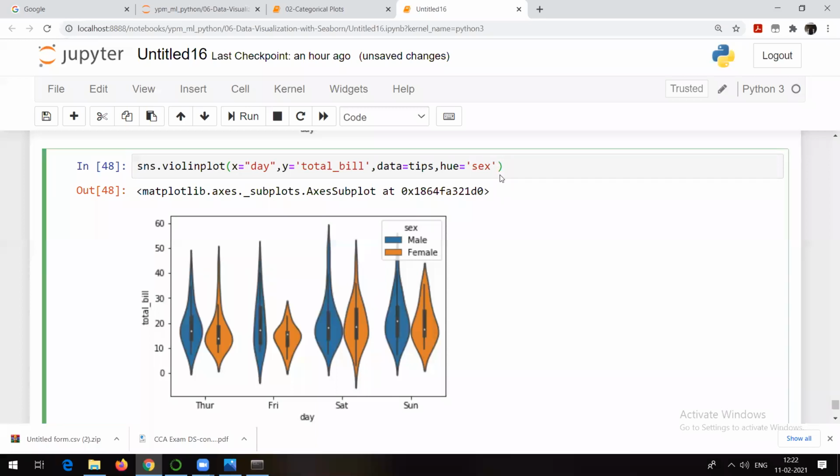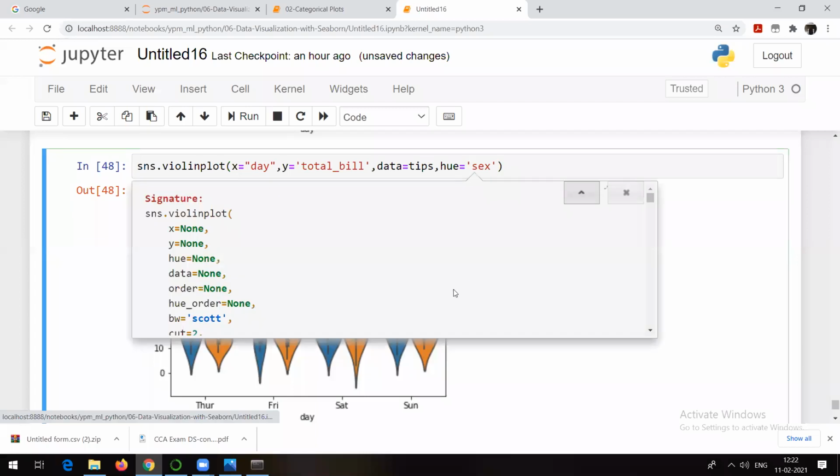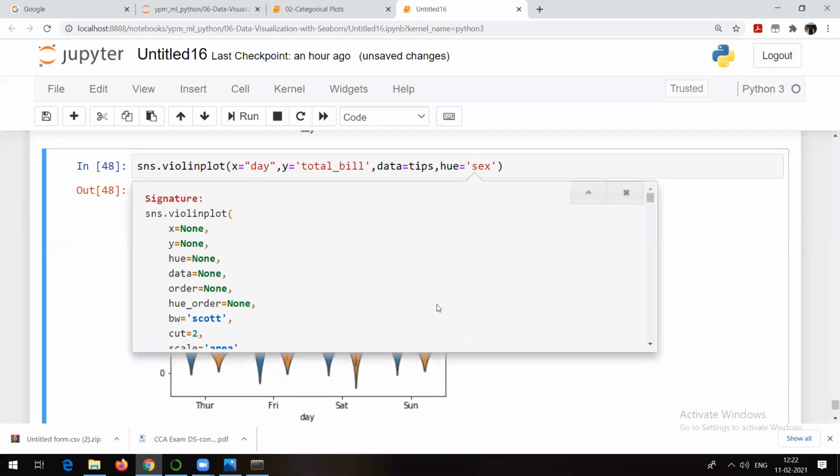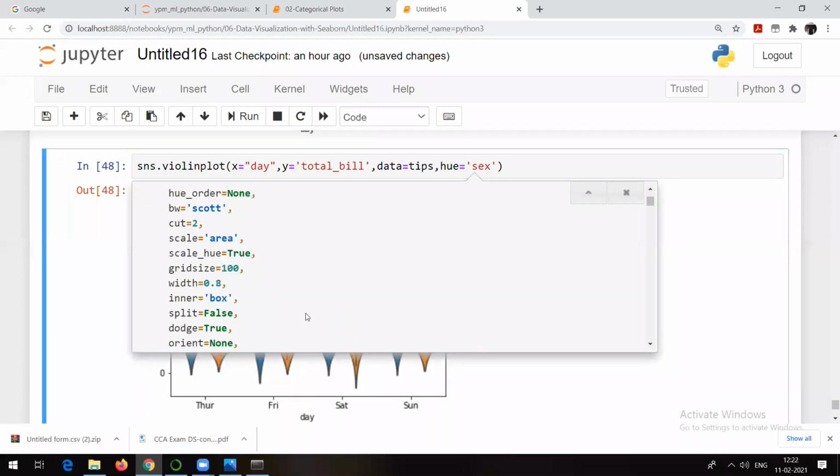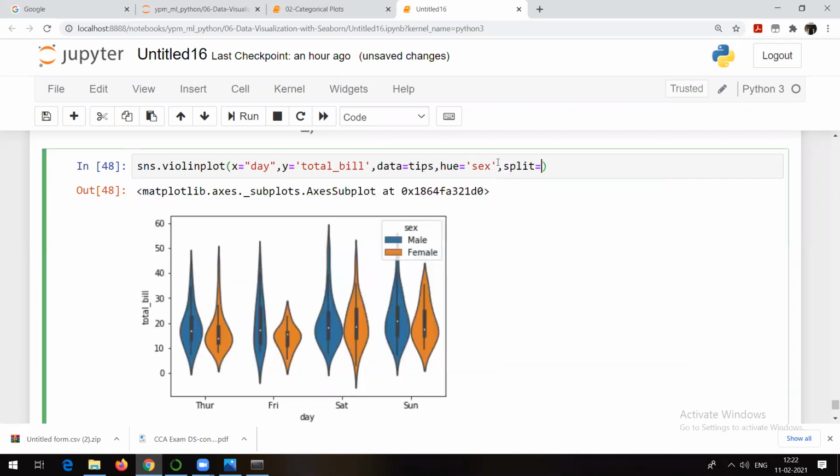So for that we have some parameters. What you can do is make use of some parameters here just to make use of the space which is available. So there is something called split. Split is equal to false. Let's try to make use of that particular thing, and let's see what happens. You will get what I am trying to talk about.